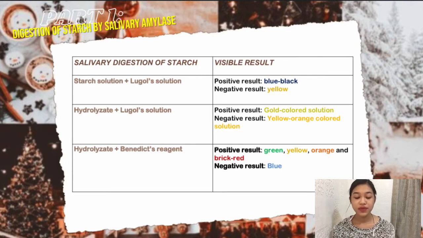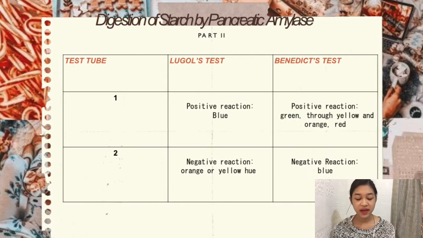Part 2. Digestion of starch by pancreatic amylase. Test tube 1 contains 3 ml of starch solution, 3 ml of pancreatin, and 2 ml of water, while test tube 2 includes 3 ml of starch solution, 3 ml of pancreatin, and 2 ml of 0.05 mol sodium bicarbonate.